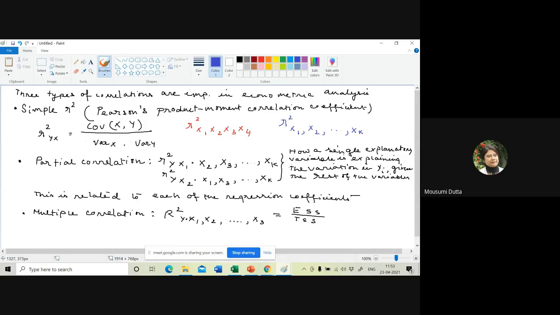Okay, so how the price of a certain commodity explains the variation in demand given the income of the consumer, taste and preference, geographical location, education, gender, etc. Okay, so this is the idea.